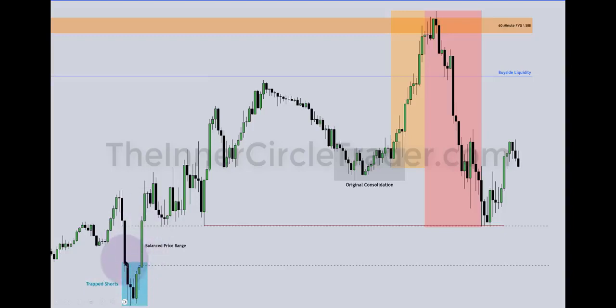A balanced price range is where the market has both a downside and upside, or sell side delivery and buy side delivery, that overlap one another in the same relative range in price. So you can see how this candle's high, that candle's low, that would normally be what? A sell side imbalance, buy side inefficiency.